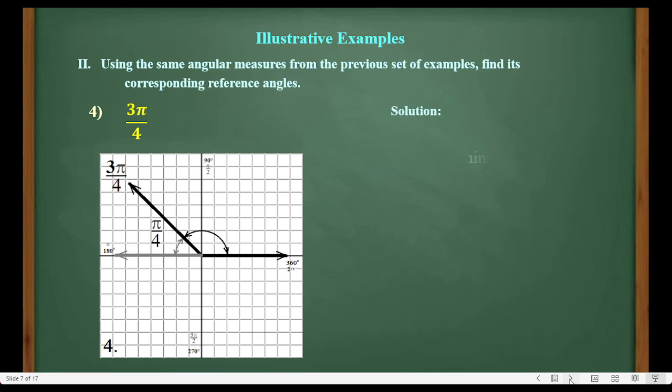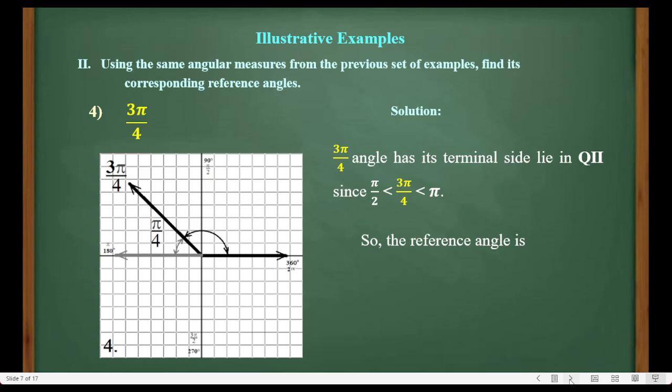So to compute for the reference angle, we are going to subtract 3 pi over 4 from pi. And that will give us pi over 4, which is now the answer. Okay? So this is the reference angle.